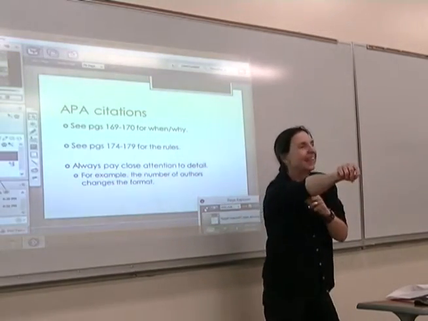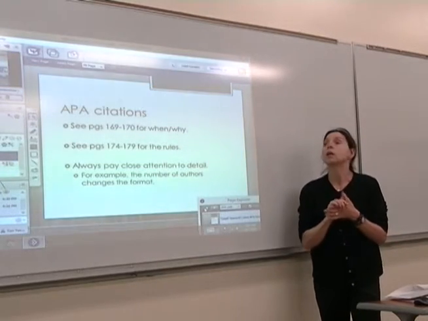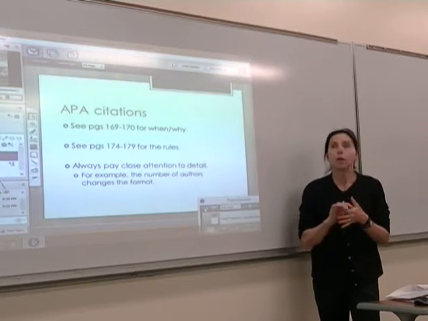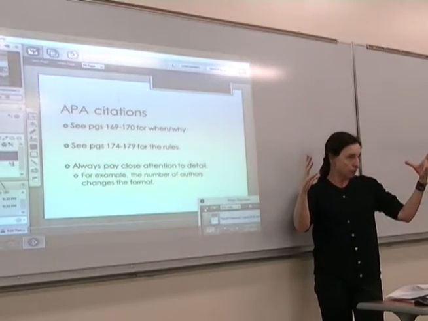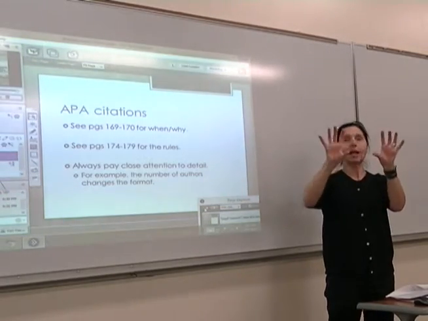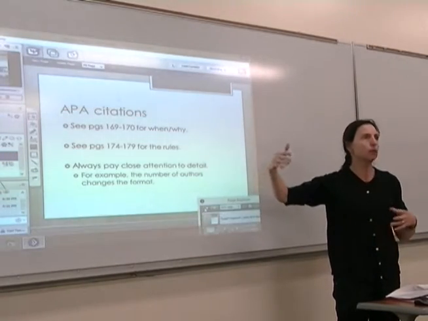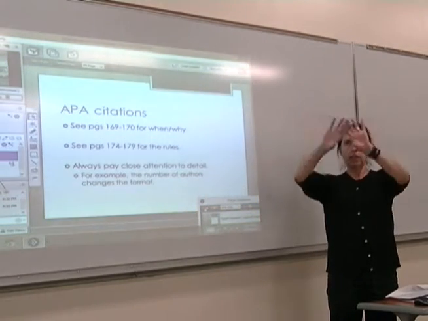So you would put the name and then a semicolon, the name, and then after the last name, would you put the year? It depends. If you've got only one study that you're using in that instance, and it depends how many authors there are, you would put authors and year.